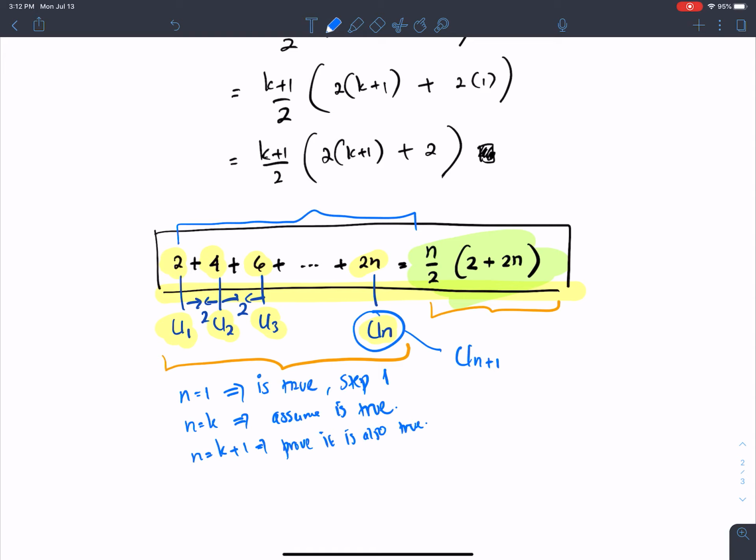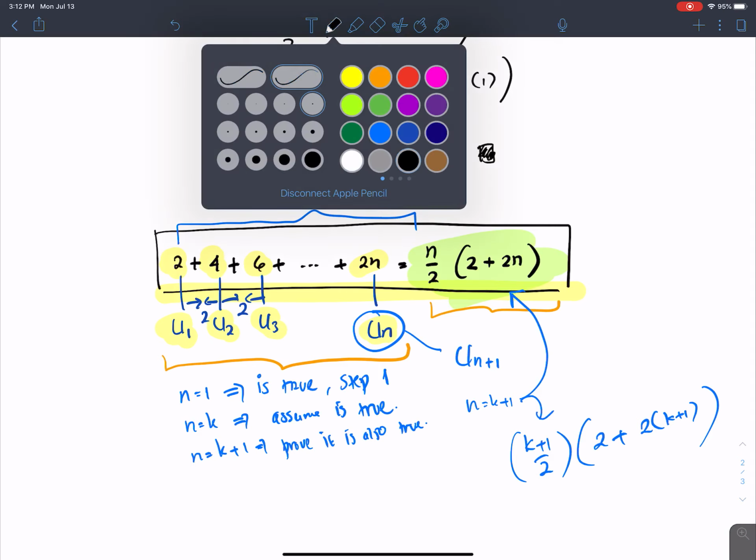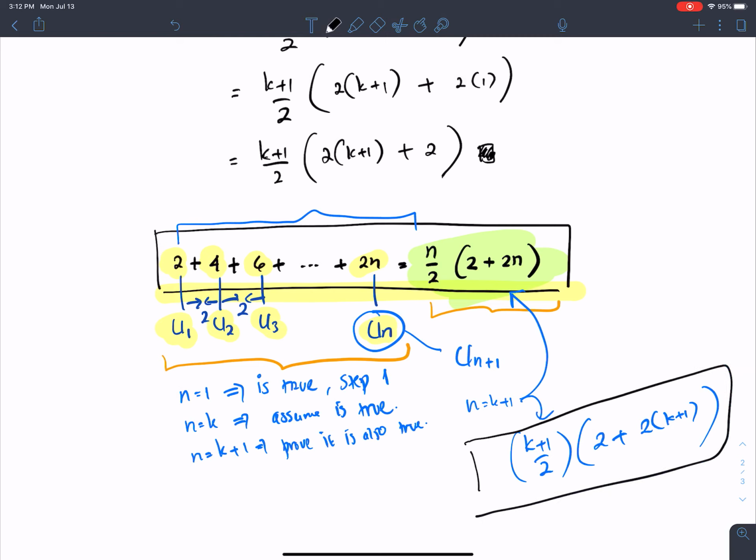So when n equals k plus 1, the model here should become k plus 1 over 2 times 2 times 2k plus 1, like this, which is exactly the one that we already got in here. It is the same. So k plus 1 over 2, 2 plus 2k plus 1, just the positions here are the other way around, but it's the same. Got it? Got it.